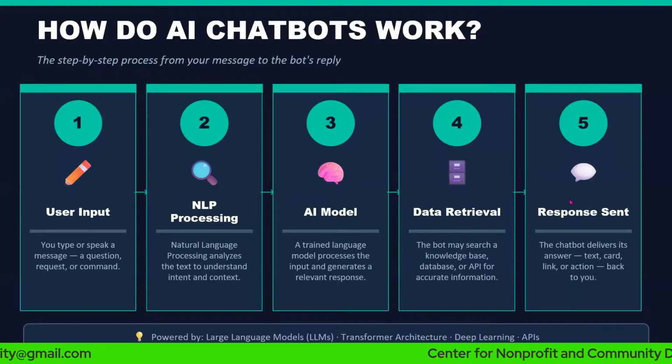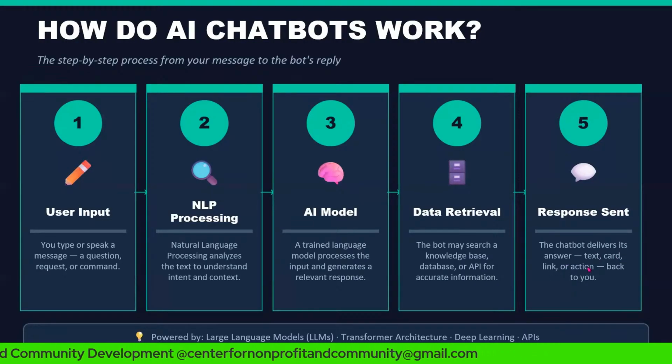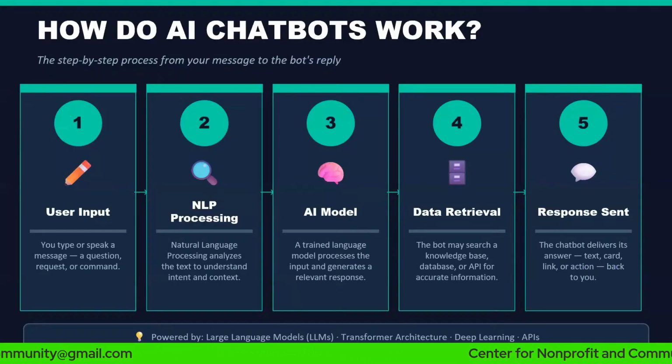And then finally, five, response sent. The chatbot delivers its answer, text, card, link, or action back to you. So you see that's a process, when you type in something and then you get that answer back. But this is the process.